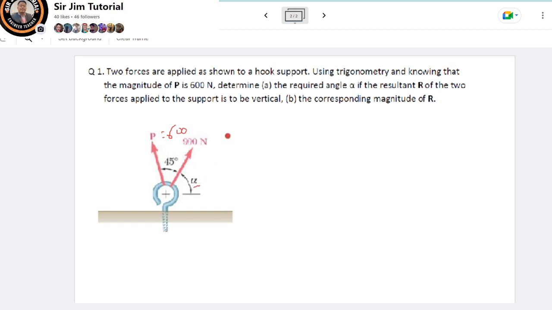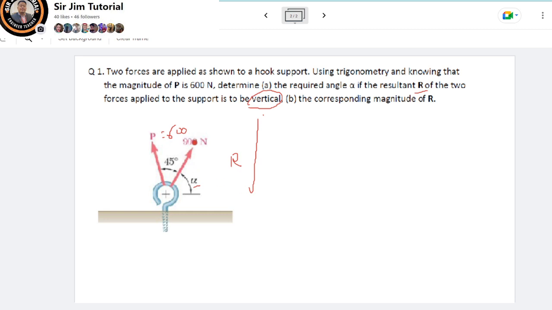Required alpha, if the resultant of the two forces applied is to be vertical. Take note that it is already clear that the resultant is going to be vertical. In other words, if I'm going to draw a line, it should be vertical here, the resultant according to the problem.